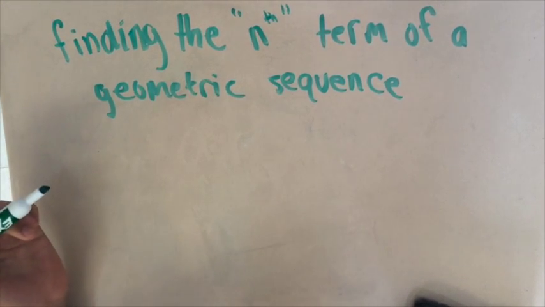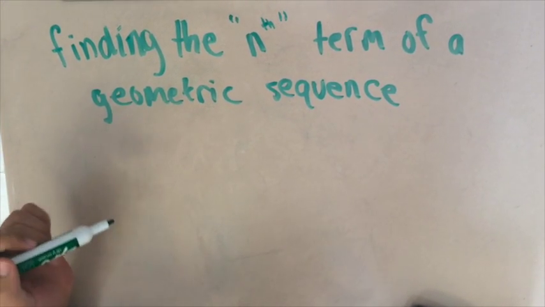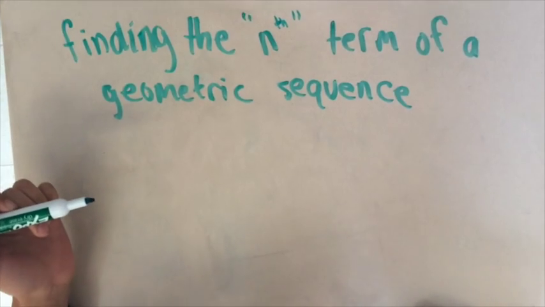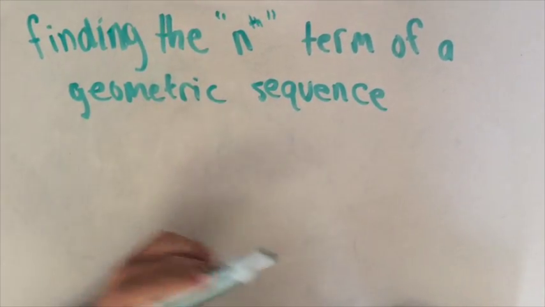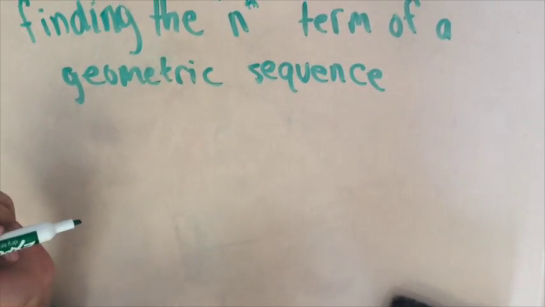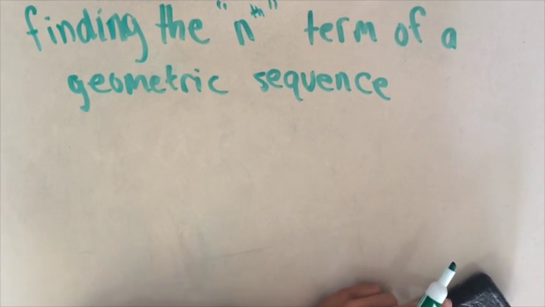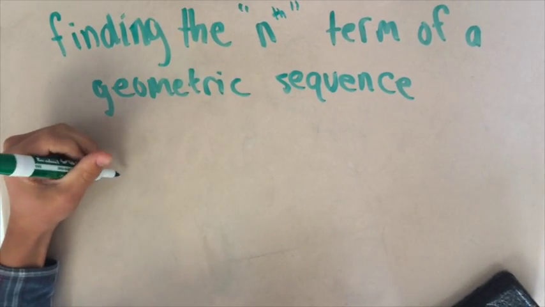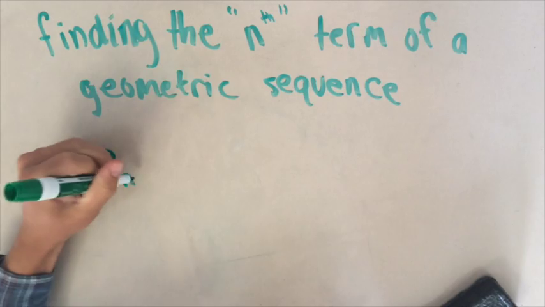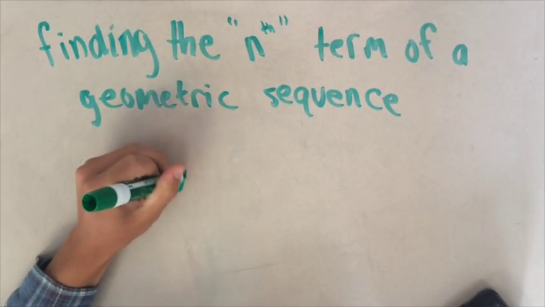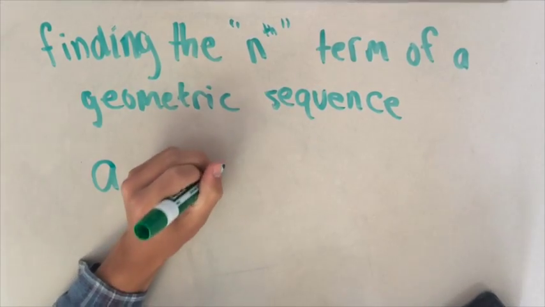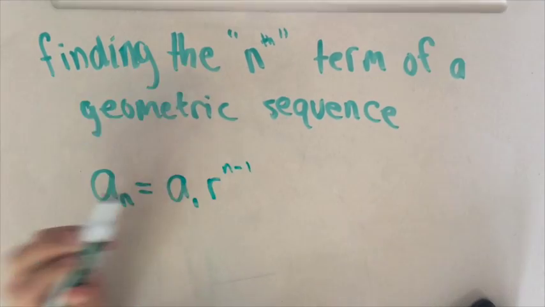So now we're going to figure out how to find the nth term of a geometric sequence. So this is trying to find any term down the sequence, what is it going to be? And in order to do that, we're going to use the formula a sub n equals a sub 1 times r to the n minus 1 power.